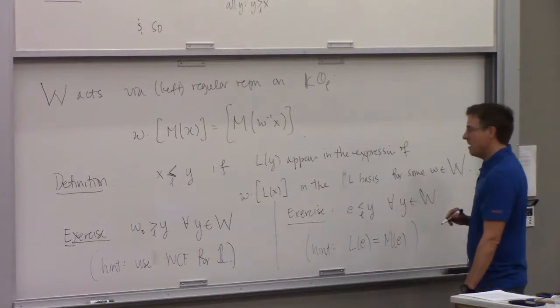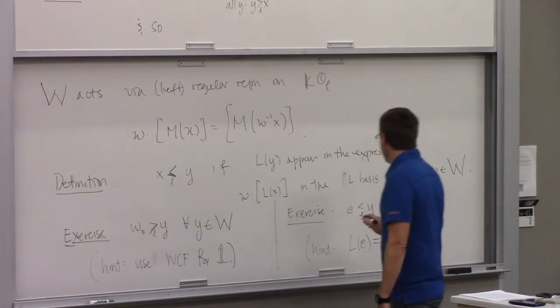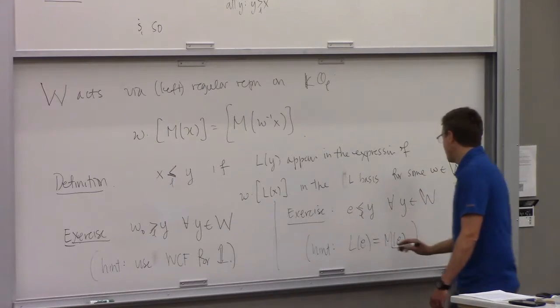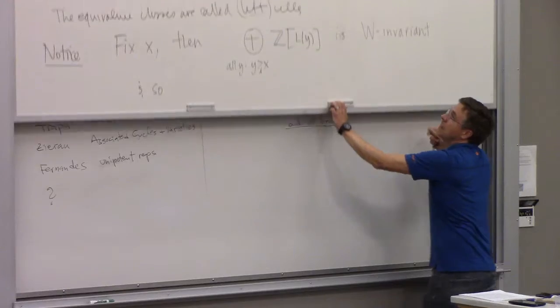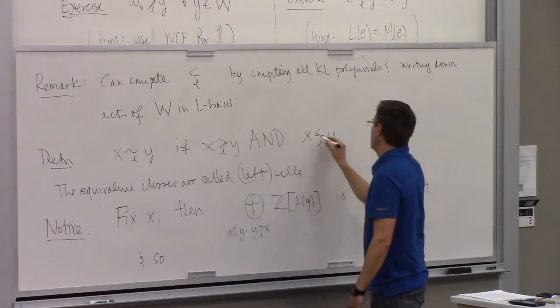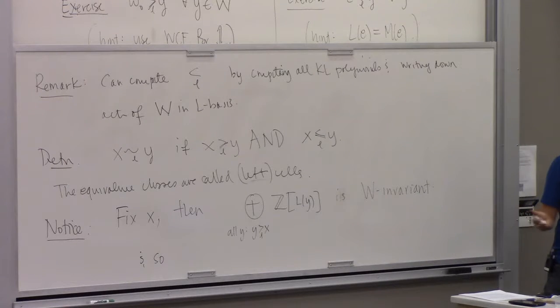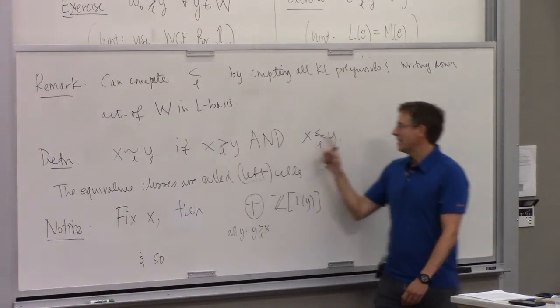If you're taking notes at home, you can do this everywhere. I hope that it's not a very deep point, but it could be confusing if you were seeing it for the first time. So x can be greater than or equal to itself and less than or equal to itself.